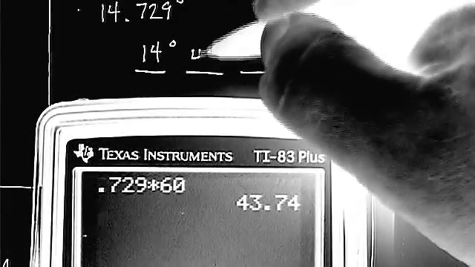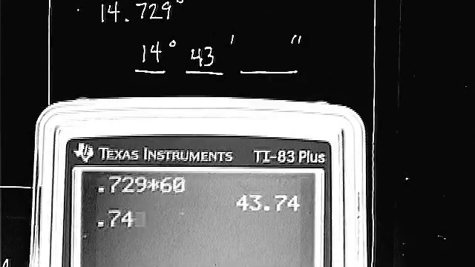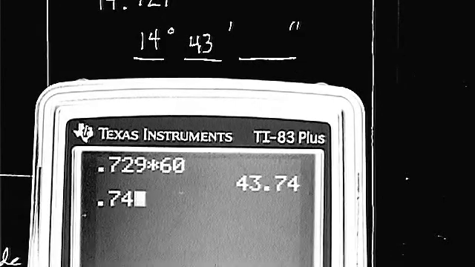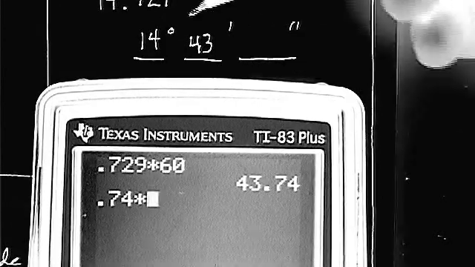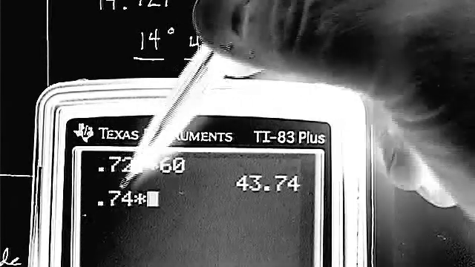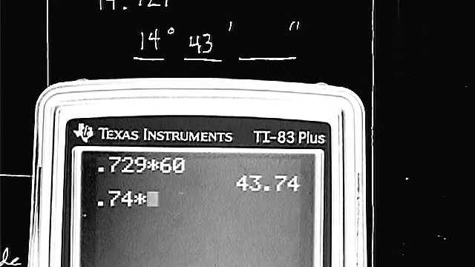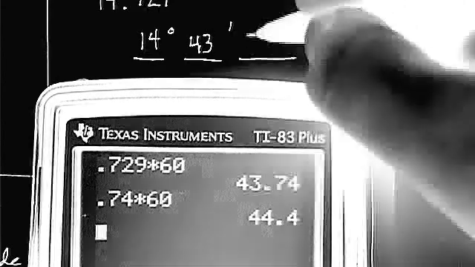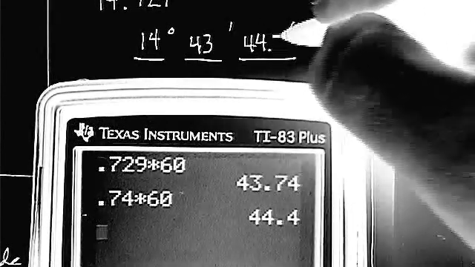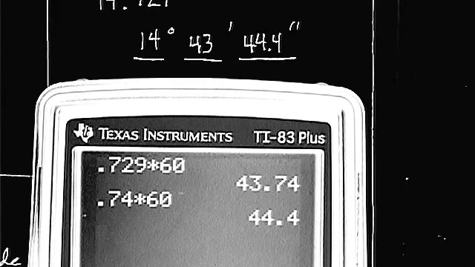So I know this is 43 minutes, but I've got to deal with the .74. What am I going to multiply that by? Keep in mind, it's been changed into minutes, so now you're taking .74 minutes and changing it to seconds. So you want to multiply by 60, right? Your math teacher didn't pick one that was nice. It was random. Usually we like to pick nice ones.